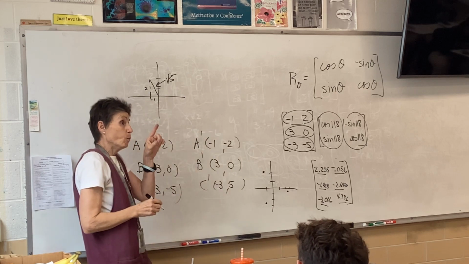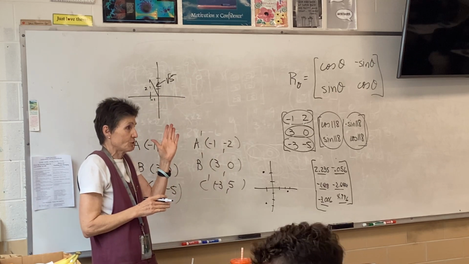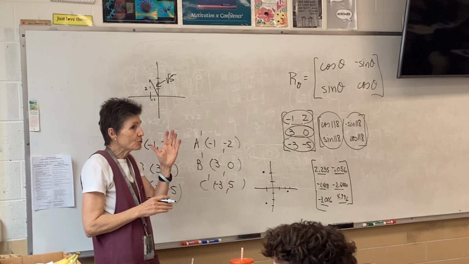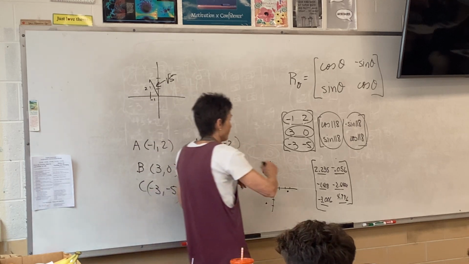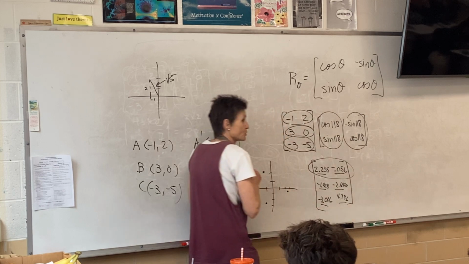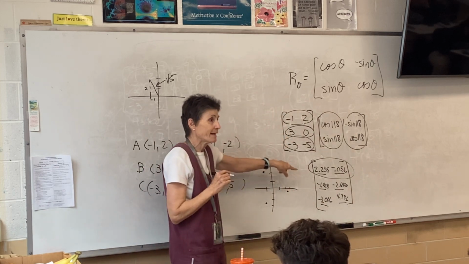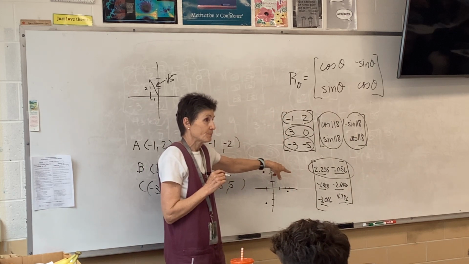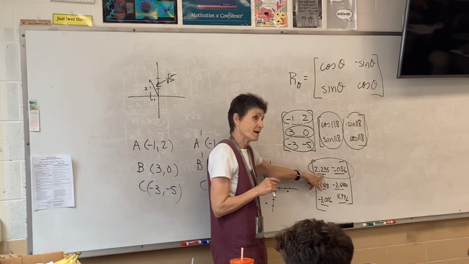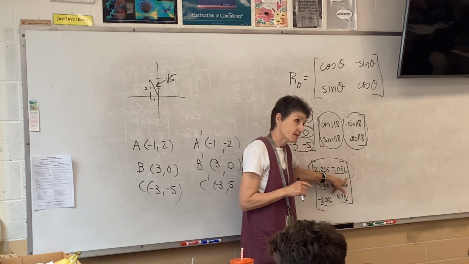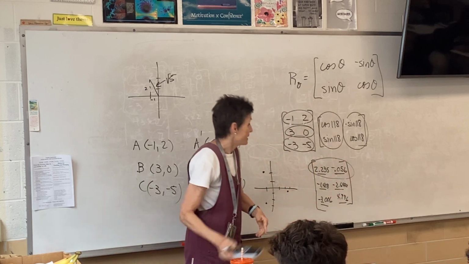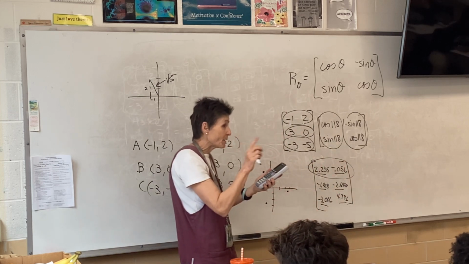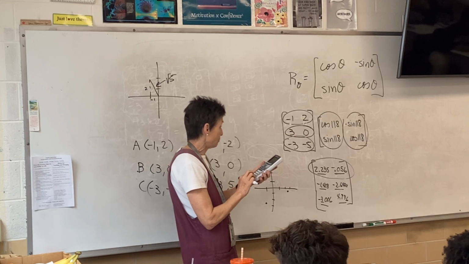Now, when I rotate that vector, the magnitude shouldn't change, should it? So let's look at what its new version is. What is the magnitude of that vector? Remember, you square this, add them up, and take the square root. Now we'll have a little round off there, but it better be close to root 5.